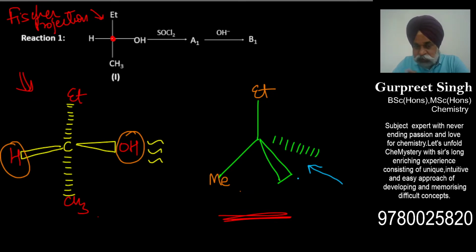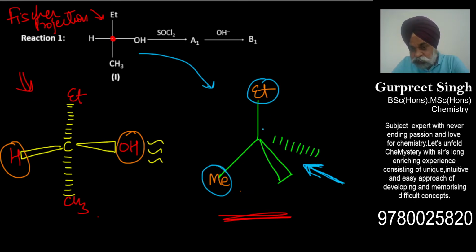There are many ways to make the Fischer projection into 3D. There are a number of ways, but in this small video I am just going to tell you one way. The one way is that you place yourself here, at the arrow, and position yourself towards these two groups, such that these two groups seem to be in a vertical line.